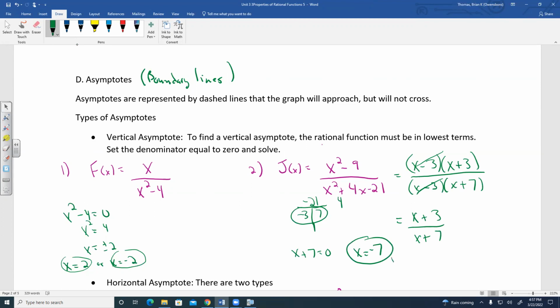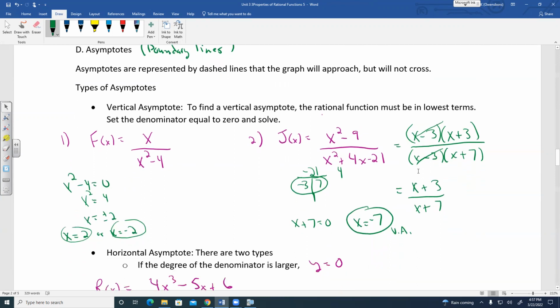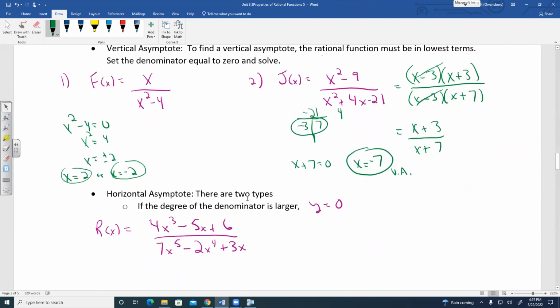A lot of times we'll use VA for vertical asymptote. So that's how we find vertical asymptotes, set the denominator equal to 0, but there is a catch. If it's factorable and part of it can be divided out with factors of the numerator, we have to use the lowest terms version.